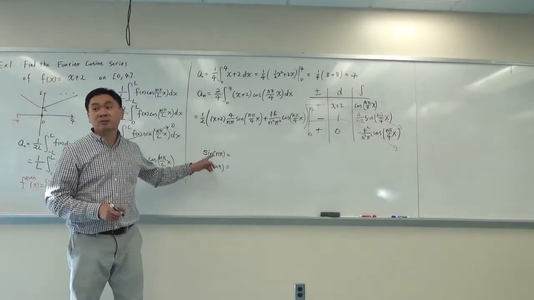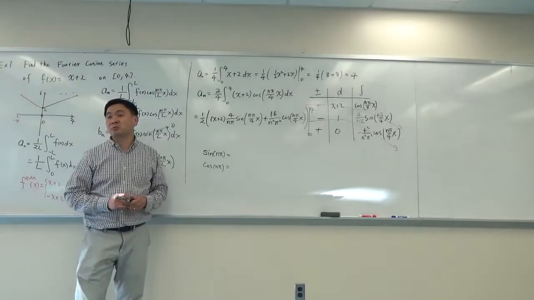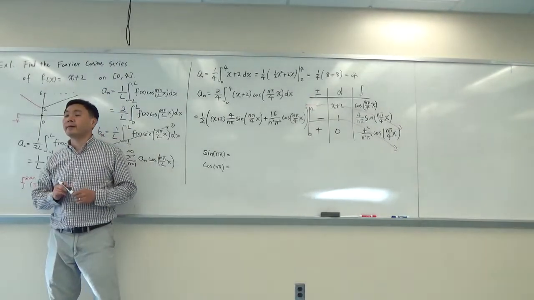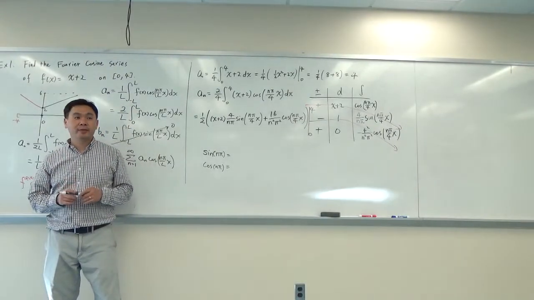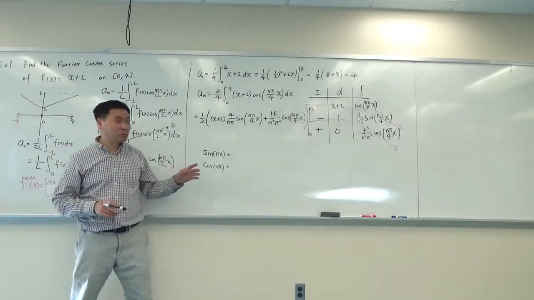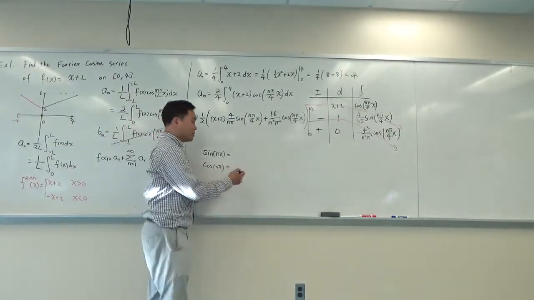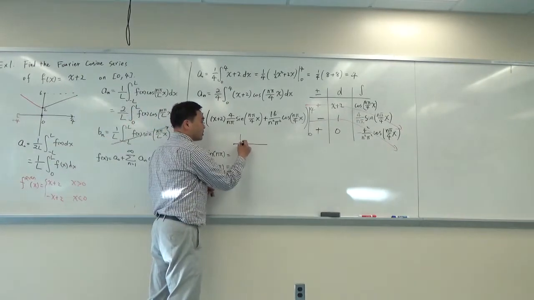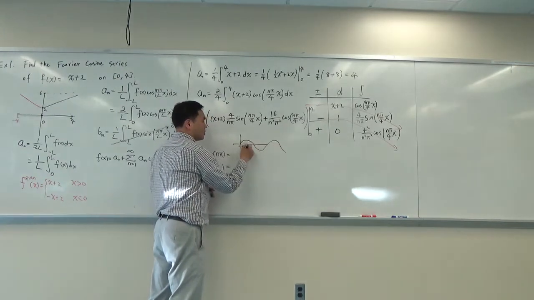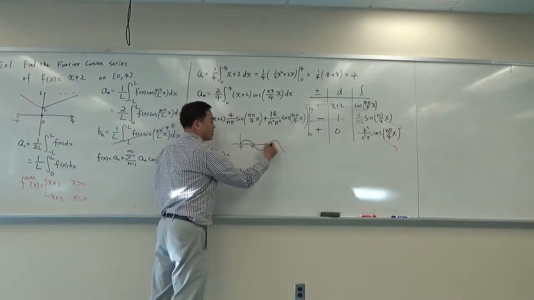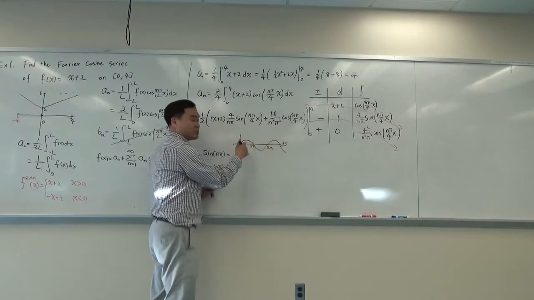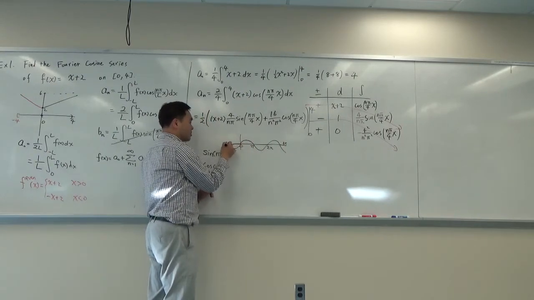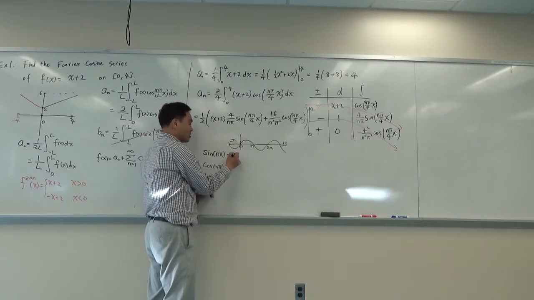What's sine evaluated at integer multiples of pi? Can you remember the picture I drew for the sine? Yeah, 0, right? 0, pi, 2 pi, 3 pi. It'll always be 0. Even like here, the negative pi, it'll always be 0, right?